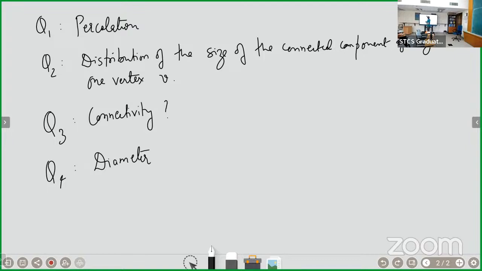Percolation question is: does there exist a node V such that, does it make sense? So there exists some vertex V whose connected component is of size whatever. Connected component is all the nodes you can reach from V. That's the percolation question. Connectivity question is for any U and V.